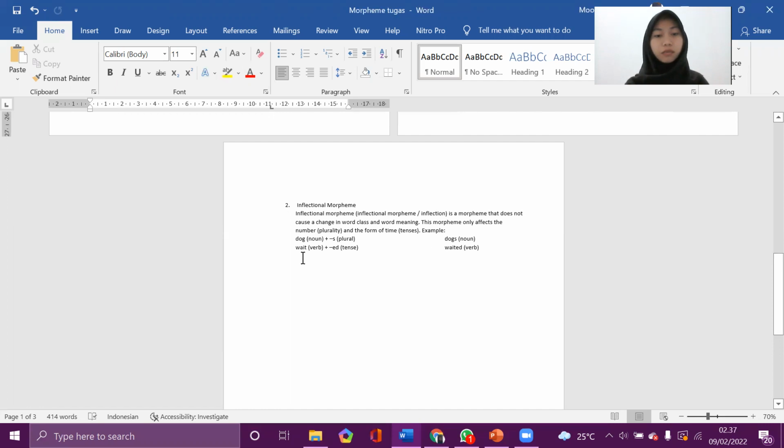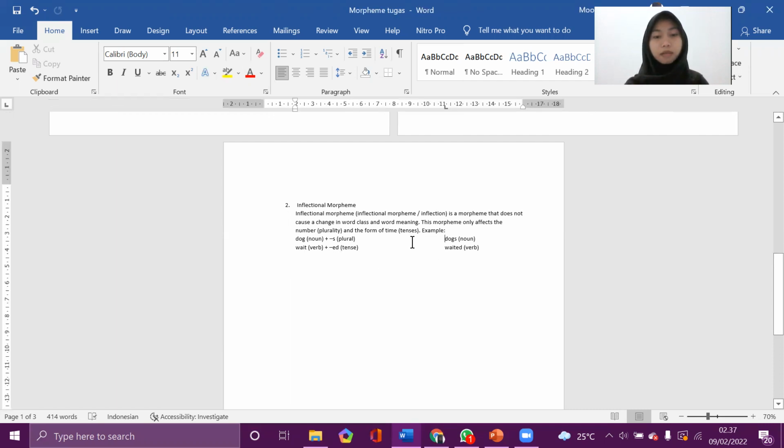And the next is want as a verb plus ed as a tense. So dog plus s becomes dogs as a noun, and want plus ed becomes wanted as a verb.